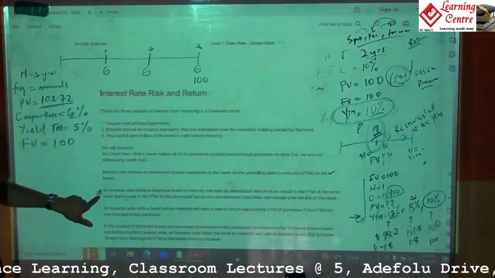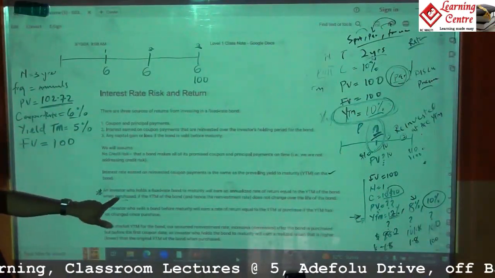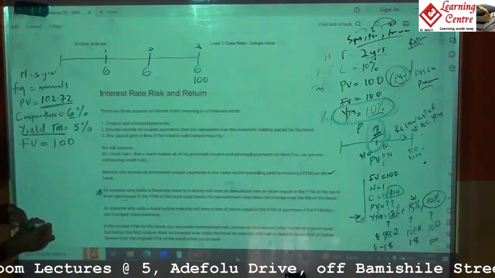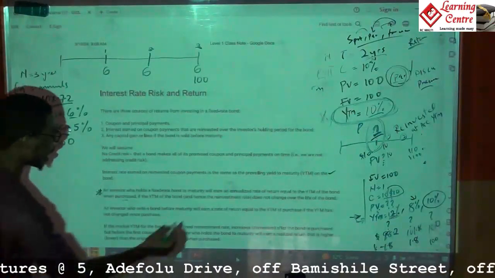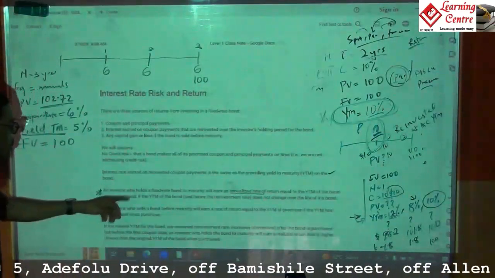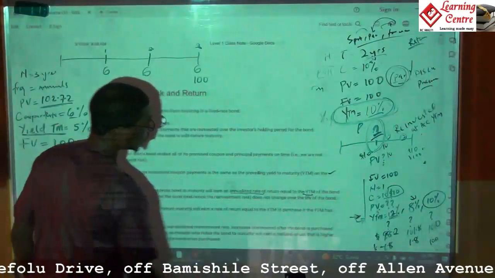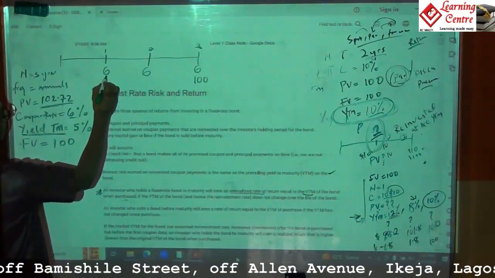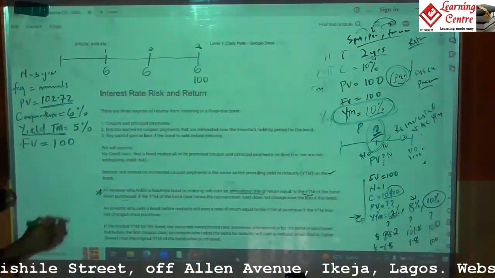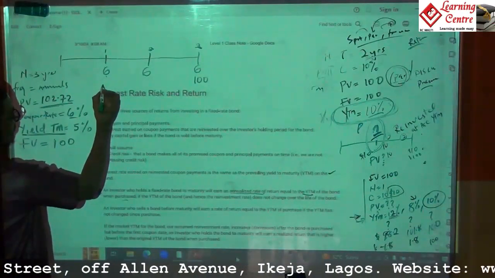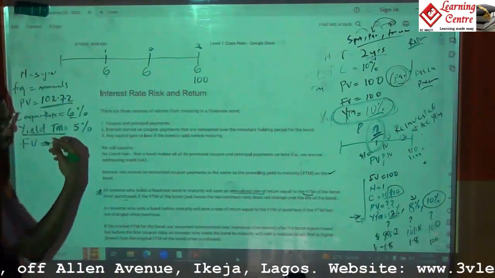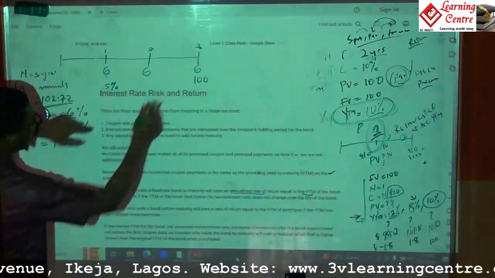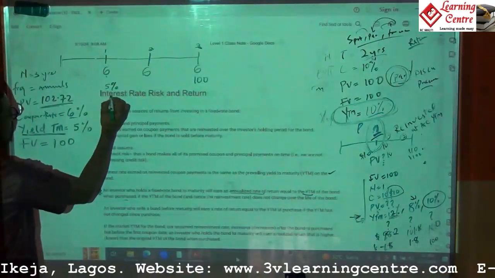Now, this statement says that if the yield in the market stays the same at 5%, the realized return to the investor will be the same as the initial yield. So, what I'm going to do is, when you see this $6, reinvest it at 5%. Mind you, we are in year 3. Invest at 5% for 2 years.